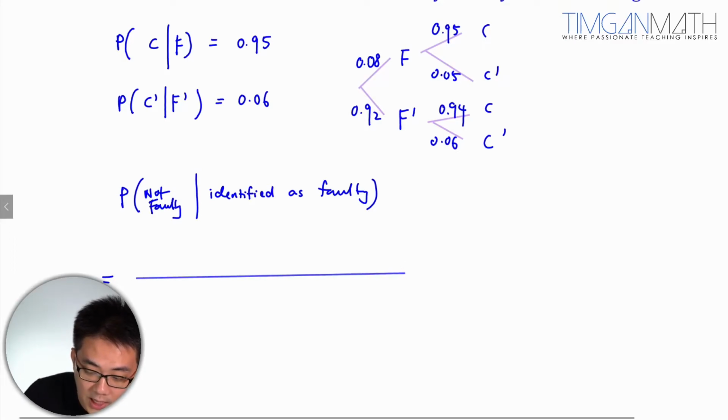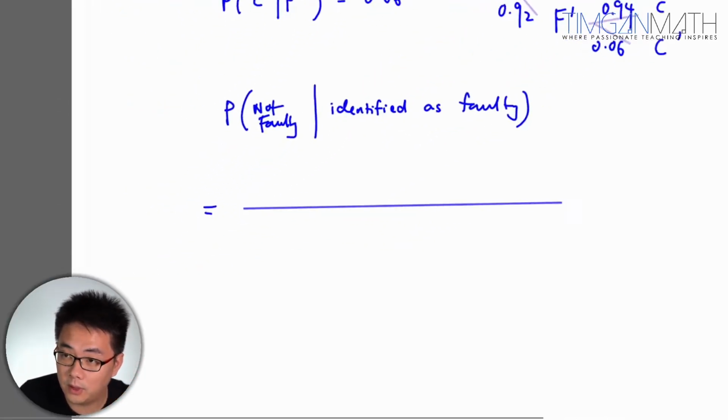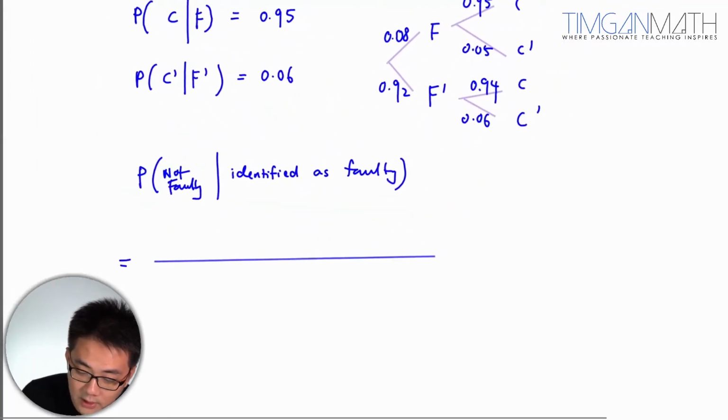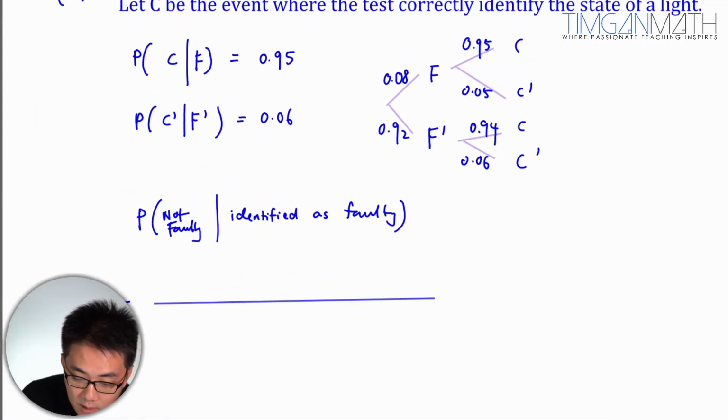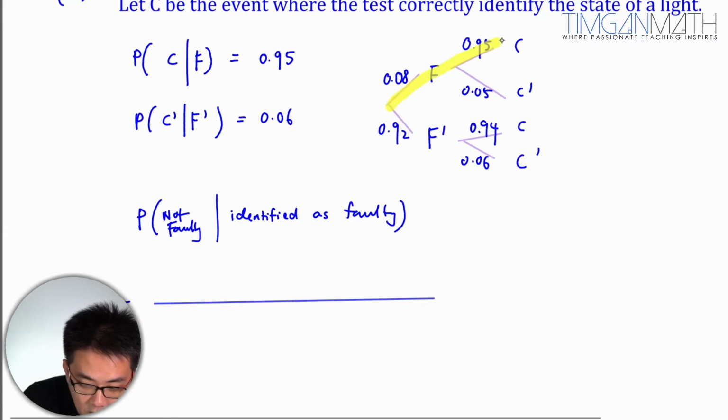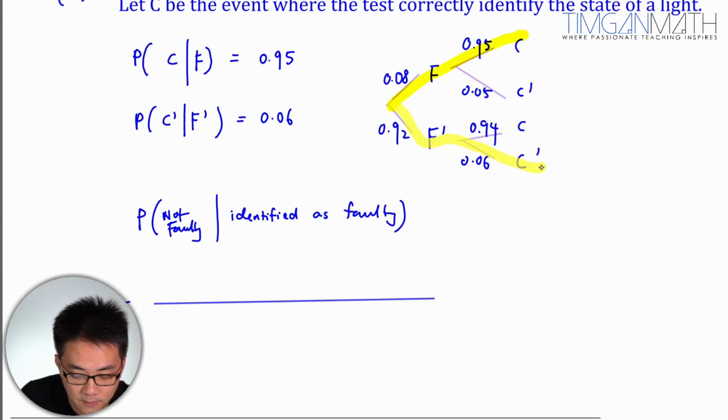Now, I'm gonna see how we solve this conditional probability. You want it to be identified as faulty for the bottom one. So identifying as faulty would be this case here: faulty and correctly identified. And if you're not faulty and you get the wrong test result, you will be identified as faulty as well.